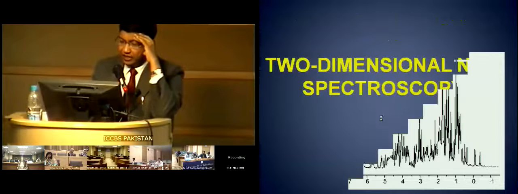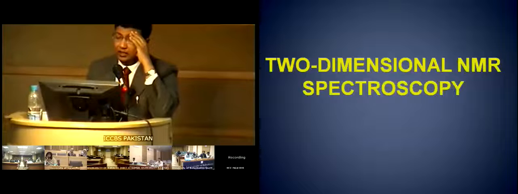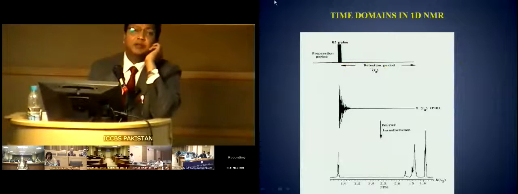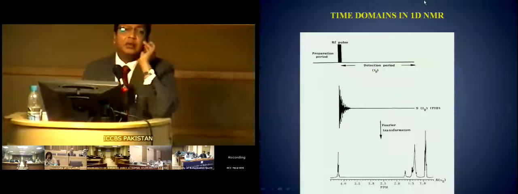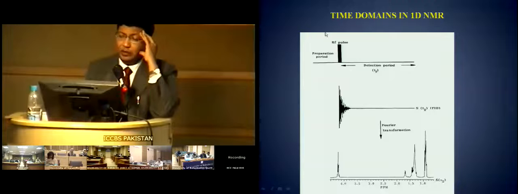He was never appreciated, but he actually gave this seminal idea of 2-dimensional NMR spectroscopy. And this 2-dimensional NMR spectroscopy is an amazing development. This was the first of it. By 1978, 2-dimensional NMR spectroscopy was routinely available on most NMR spectrometers.